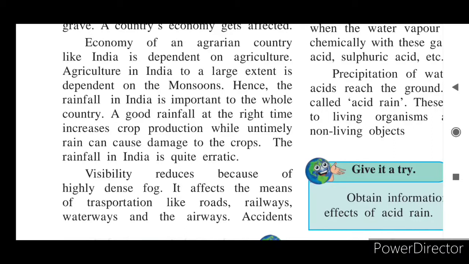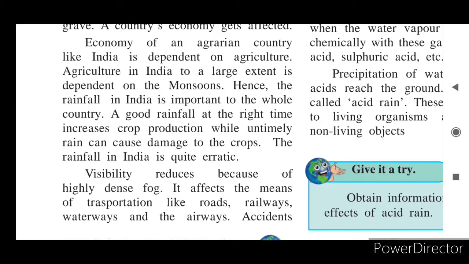So here it is saying that if there is rainfall at the right time, the crops will grow and the farmer will get good production in his farm, meaning there will be more food grain. But if there is less rainfall or heavy rainfall, the farmers will come into problems. Nowadays the same situation is everywhere in our Maharashtra.